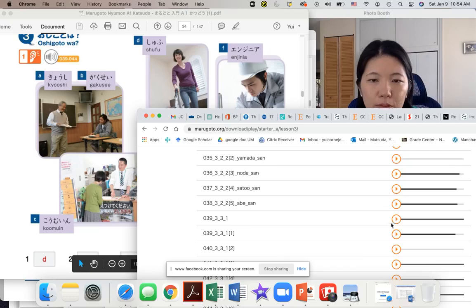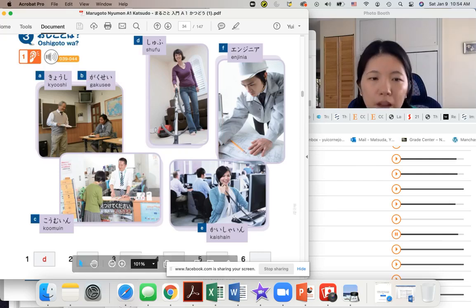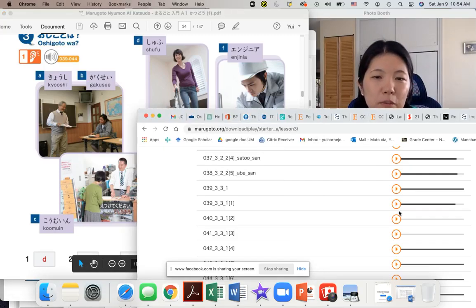So it's F. Okay, number 3. 3、お仕事は何ですか？公務員です。はい。Let's hear it again.